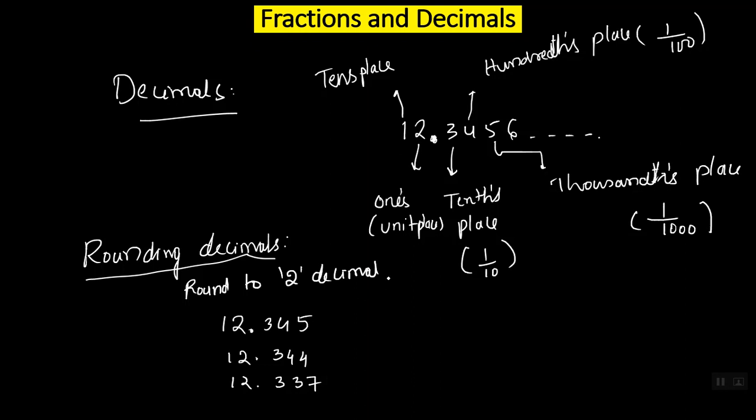Rounded to two decimal places and rounded to the nearest hundredths are the same thing.